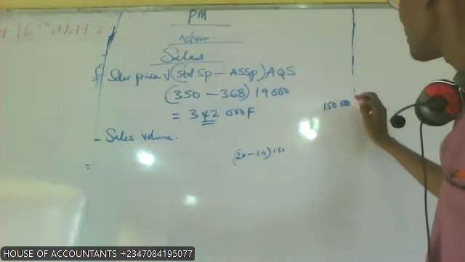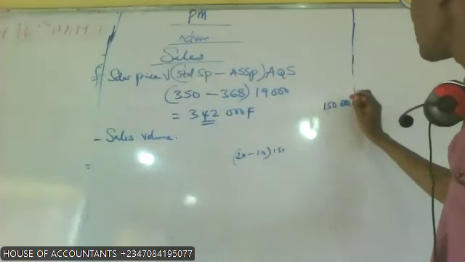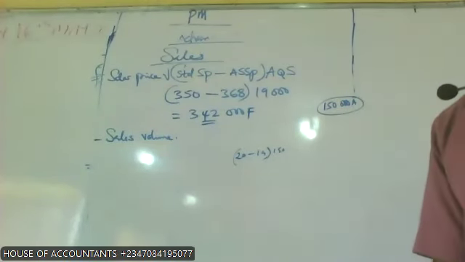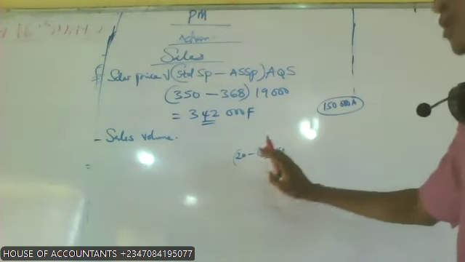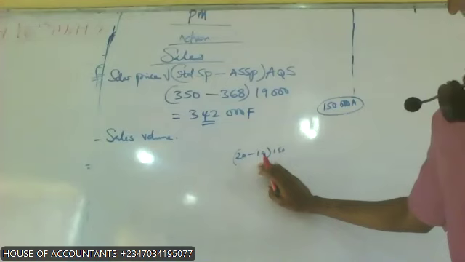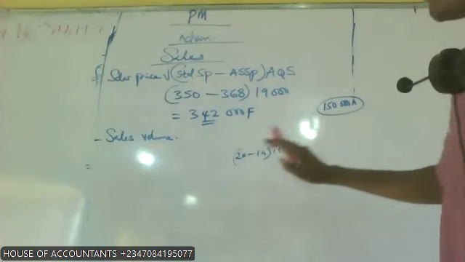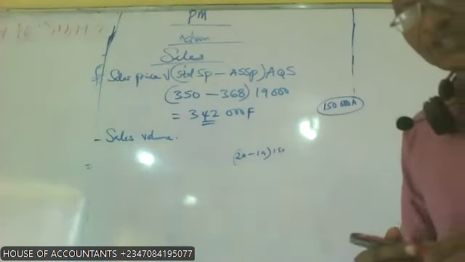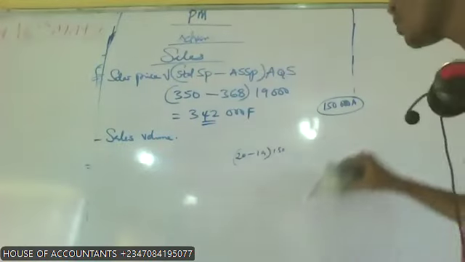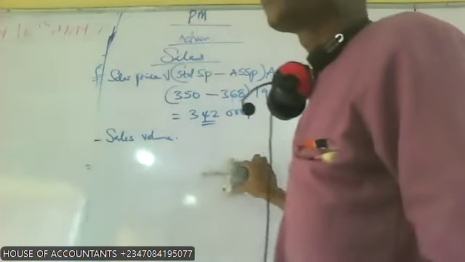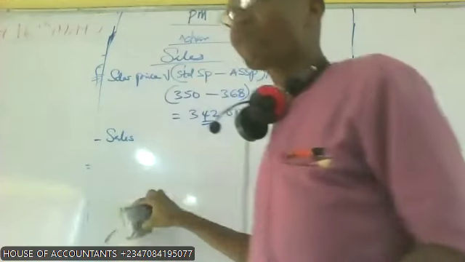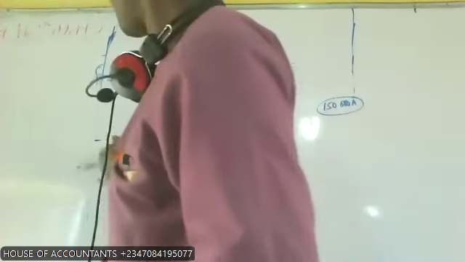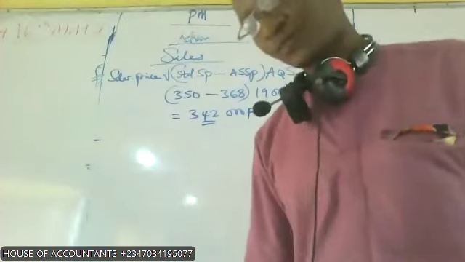Favorable or adverse? Adverse. Because we budgeted 20 something, we got 19. But because they gave us information in the question, did they give us what we're supposed to calculate?